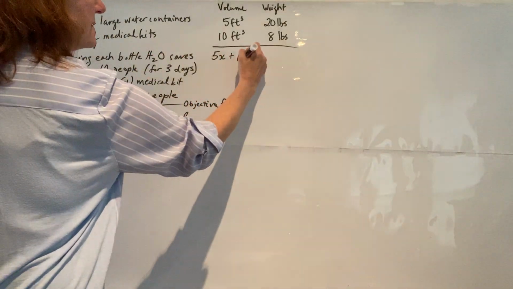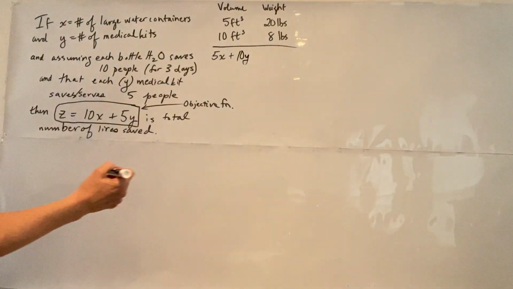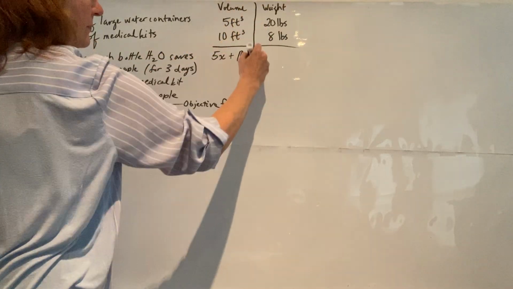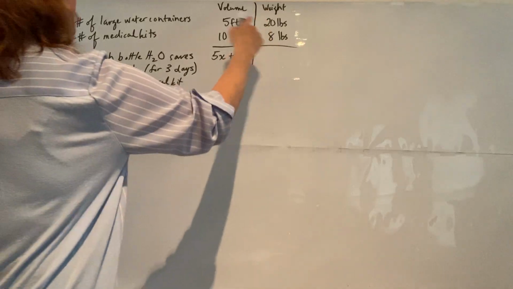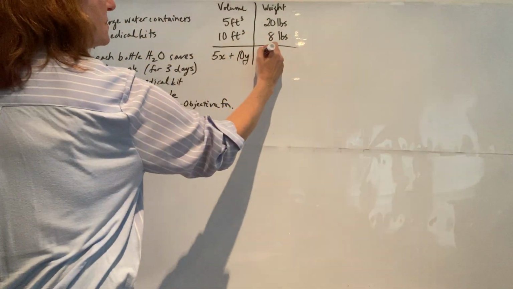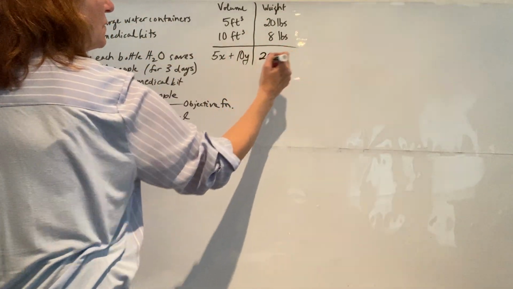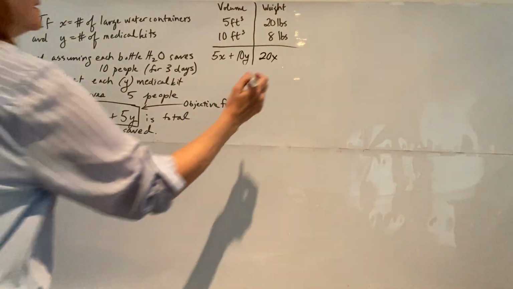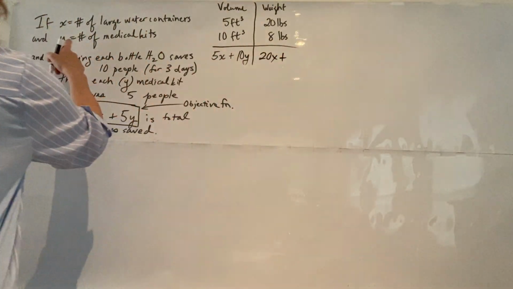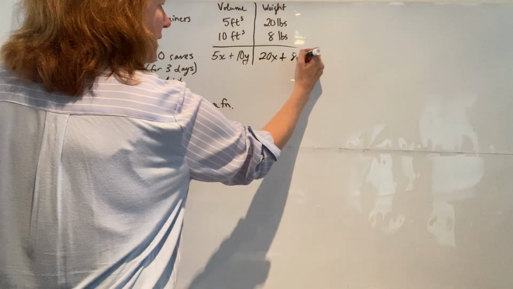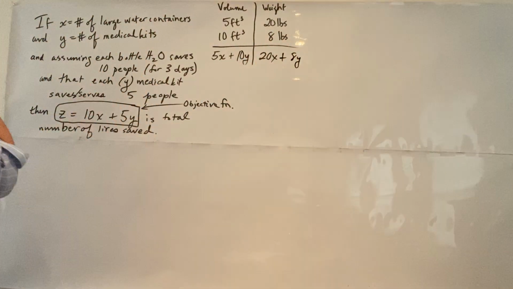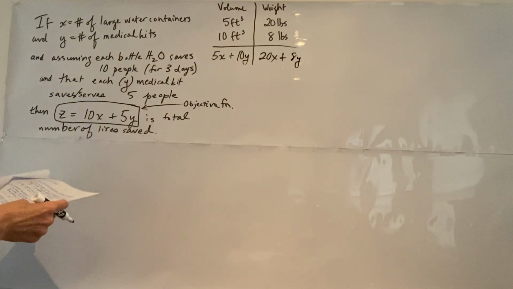So yes, 10y. That's for volume. What about weight? Well, the weight of each large container of water is 20 pounds, so 20x is the total amount of weight taken up by water, added to which we get the total amount of weight taken up by the medical kits. That'll be 8y.